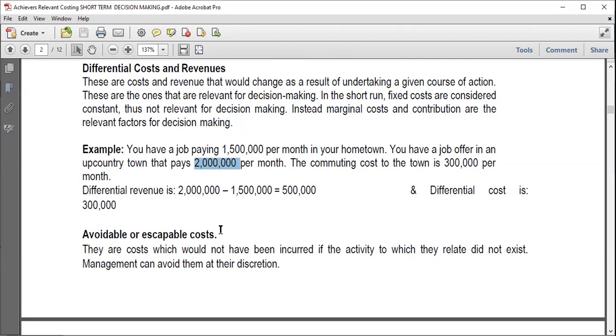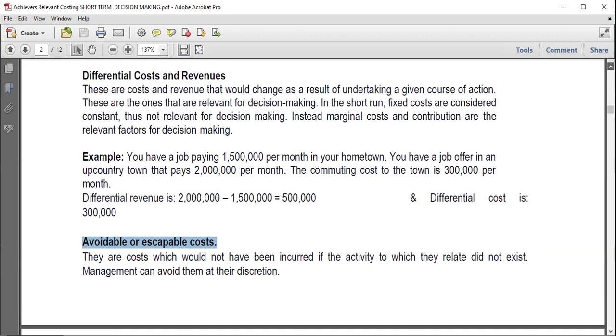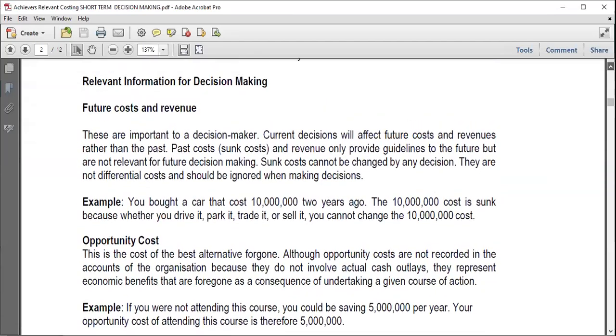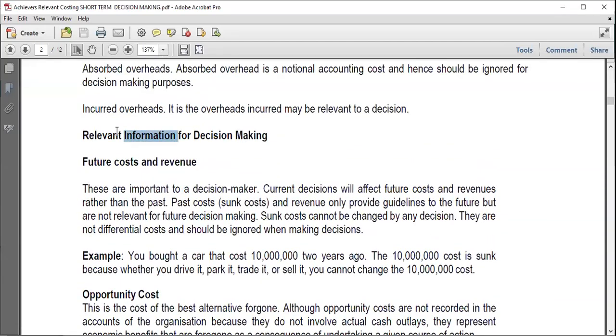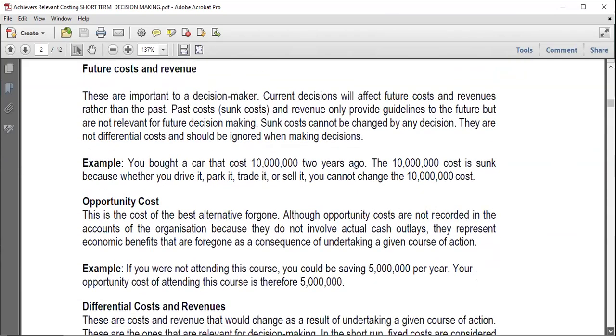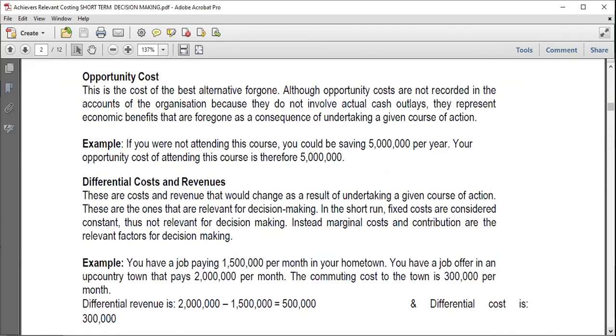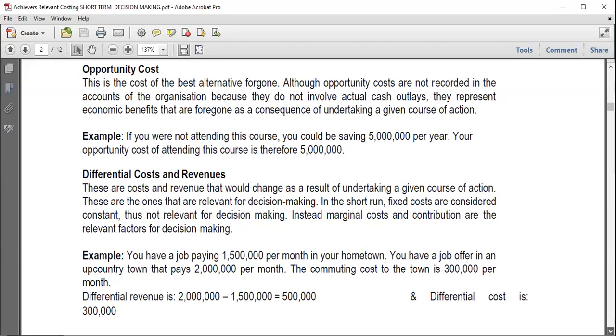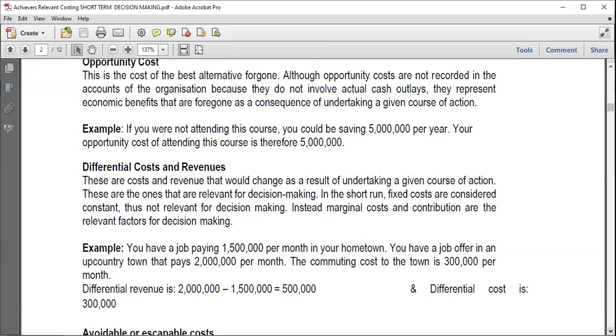And then we have avoidable or escapable costs. Now, all this that we are looking at are basically aspects of relevant information. It's just to help you understand which information to pick from a scenario. Like we indicated at the start, not every piece of information that you have at a given time when you're making a decision is relevant.